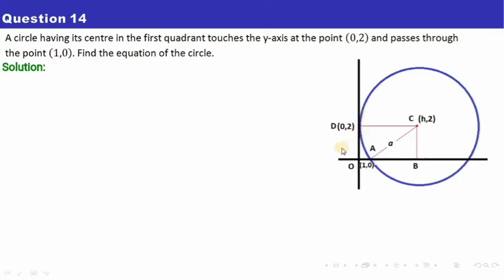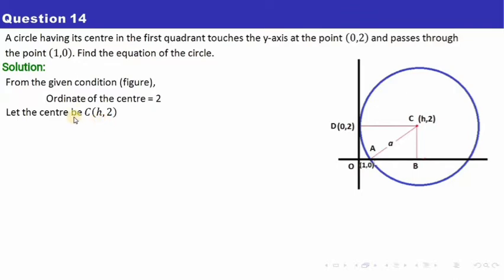So it is also like the earlier case. From the given condition, the ordinate of the center is 2, and I'm assuming the center to be (h, 2), represented by capital C. So OB and CD both are going to be equal to h, BC is equal to 2, and OA is how much?